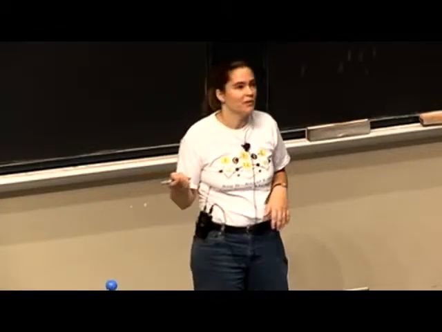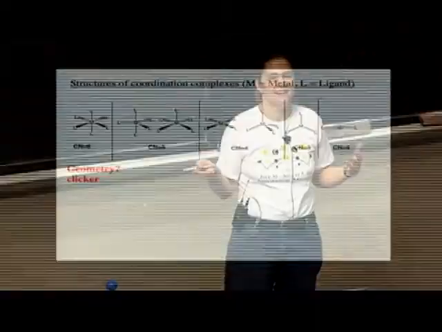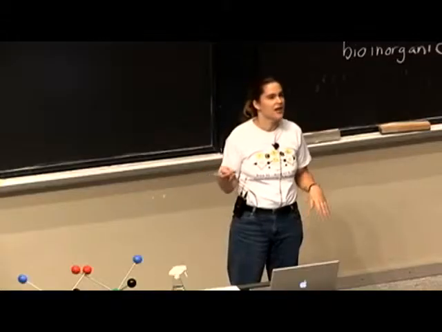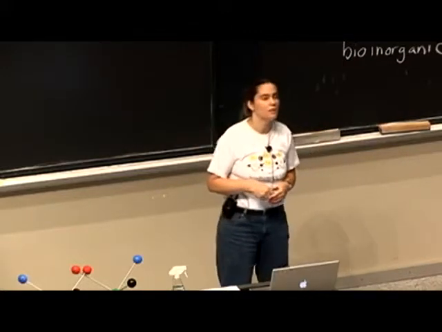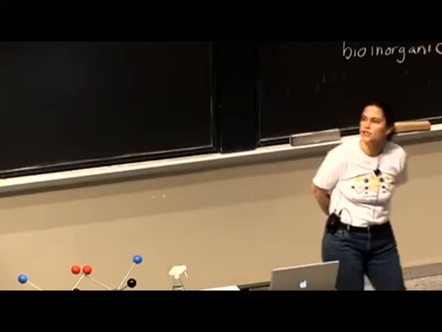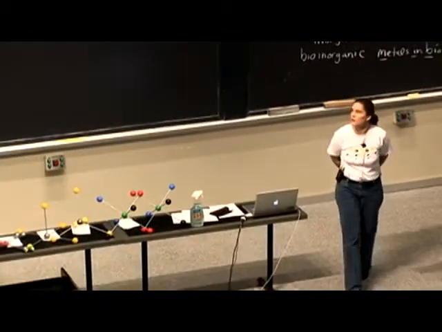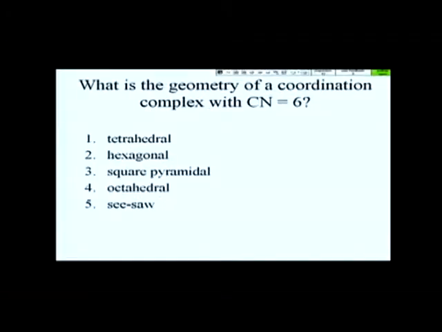All right, so we're back to geometry again. As I said, everything you learn in this course we're going to use again. So if you're forgetting some material from units 1 and 2, this would be a good time to review those. So if we have this coordination number of 6 things around, what kind of geometry are we going to have?